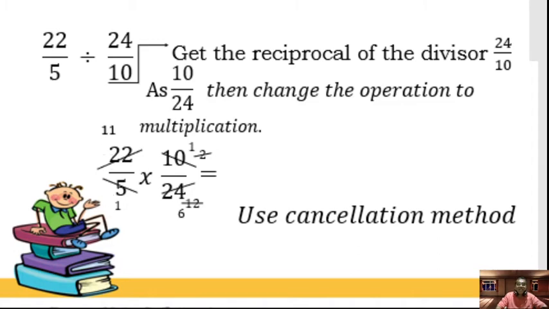So you have 11 times 1 equals 11 and 1 times 6 equals 6. So that is 11 over 6. Can we simplify? Yes. And how many 6? There is only one 6 in 11 and what was left is 5. So that is 1 and 5/6.